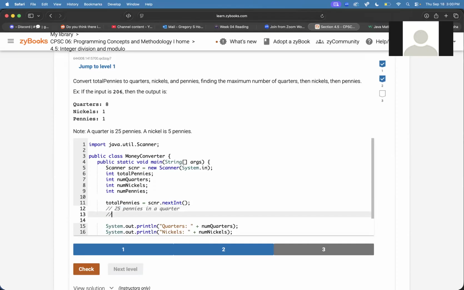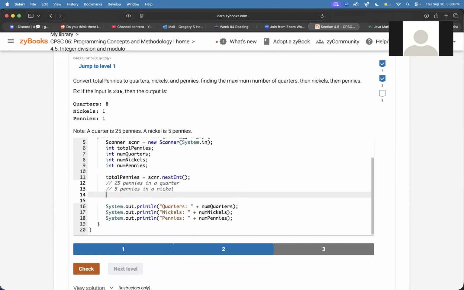We need to know that. There are 5 pennies in a nickel. We don't need to know dimes because they only put quarters, nickels, and pennies.